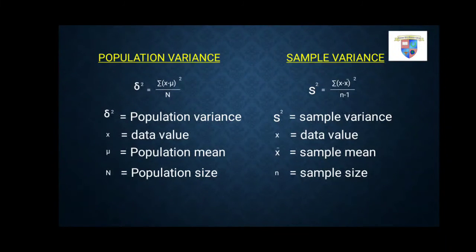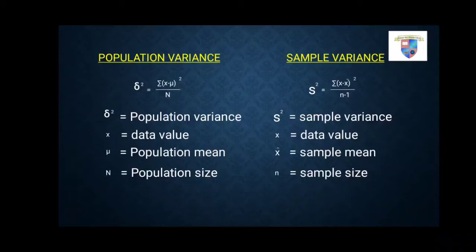Okay, so let's proceed to the formula of each variance. On our left side, you can see the population variance: sigma squared equals summation of x minus mu, in parentheses, squared, over n. So the sigma squared is our population variance, while x is the data value, mu is our population mean, and n is the population size.